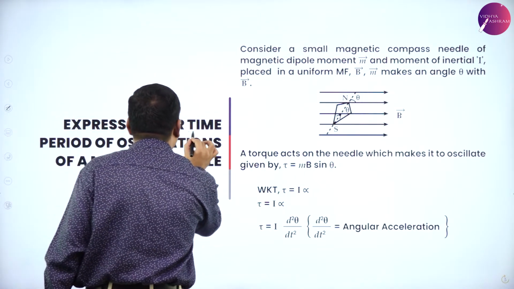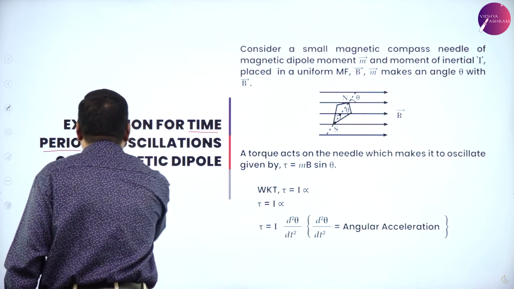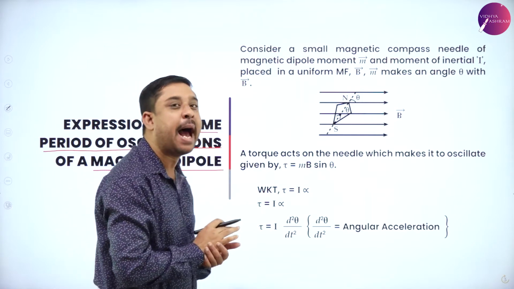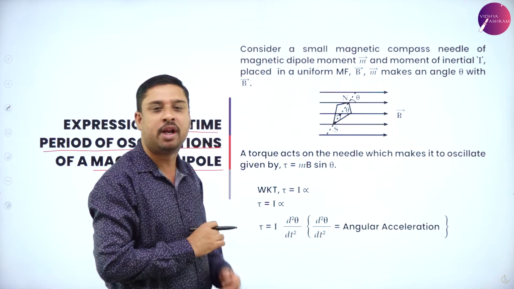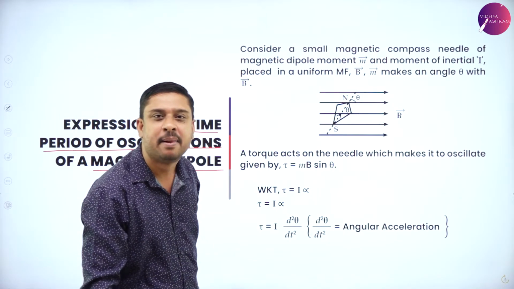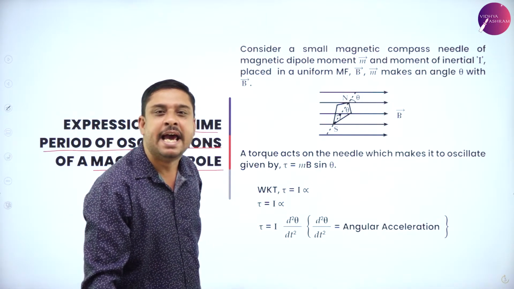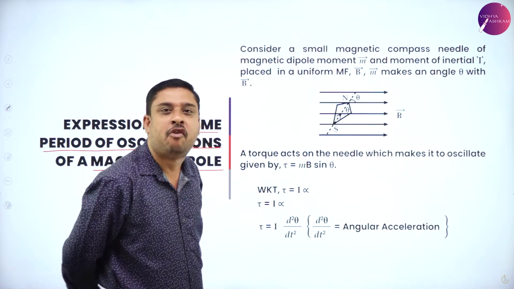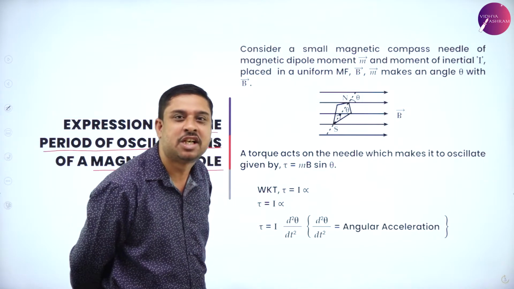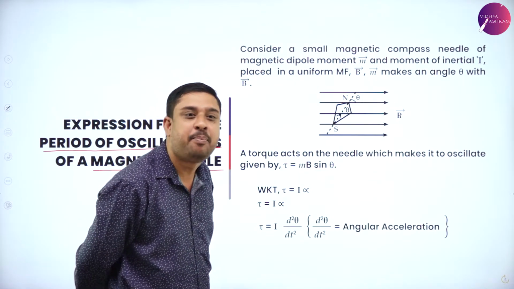Now, the next concept, again an important one: expression for time period of oscillations of a magnetic dipole. In the first year syllabus we derived the expression for time period of oscillations of a simple pendulum.